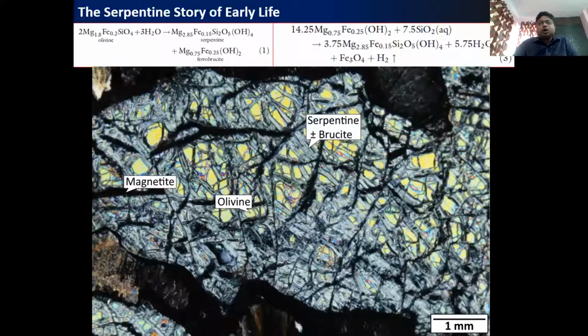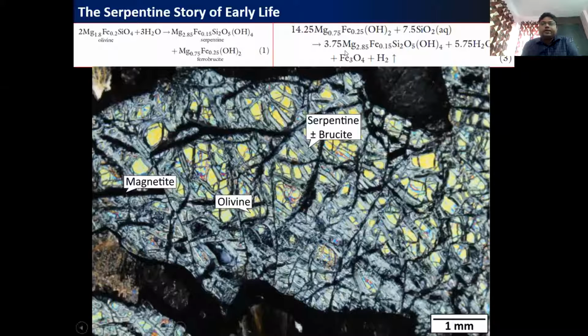As you all know, in olivine, Fe is in the +2 state. As it reacts with water, the water is an oxidizing agent. So this water divides into H plus and OH minus. This OH minus part goes into the olivine structure, forming serpentine.